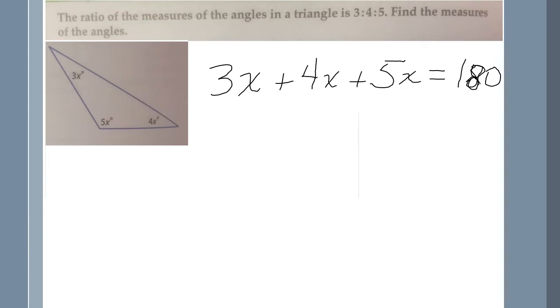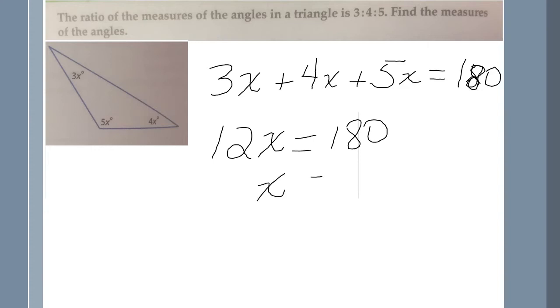So add this up, we get 12x equals 180. Divide each side by 12. Use your handy dandy calculator if you have to. You find out that x equals 15.